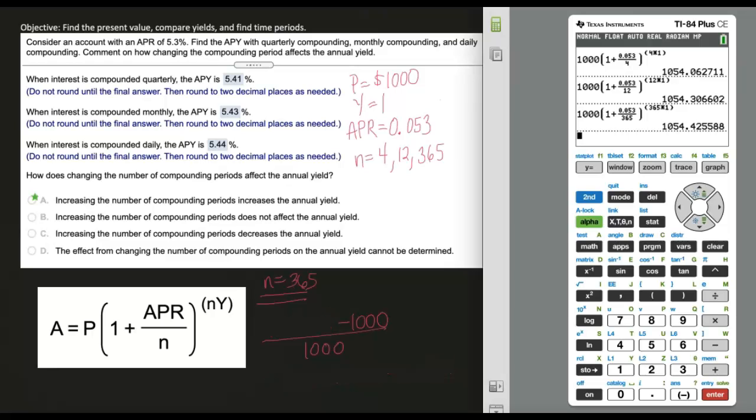And then for this last one, when N is 365, again, looking at my calculator, I would receive the following amount.